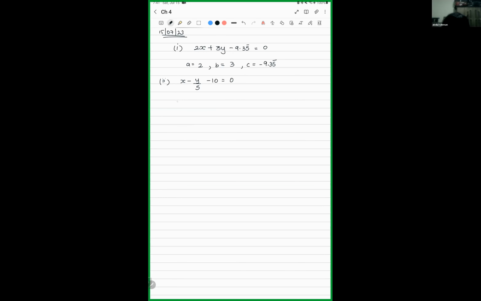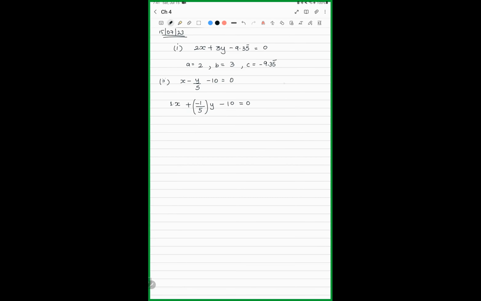We first write it in 1x plus minus 1 by 5 y plus minus 10 equals 0.